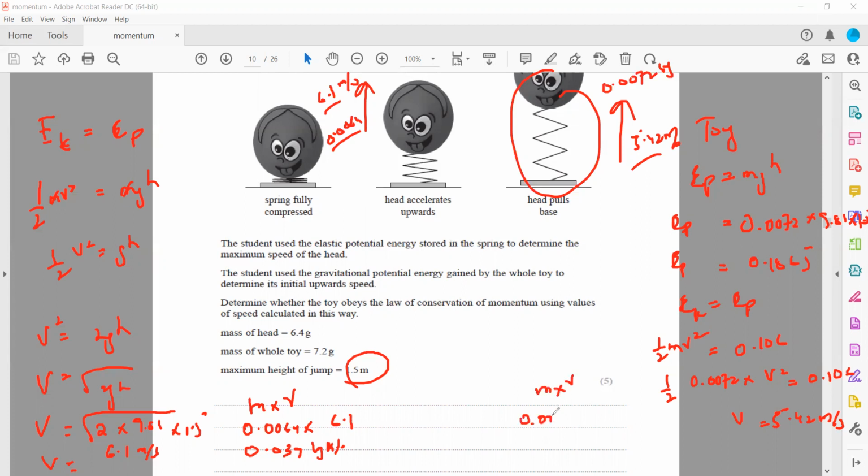This gives us 0.039 kilogram meter per second. So it shows that the total momentum before is equal to the total momentum after. It is obeying the law of conservation of momentum as well.